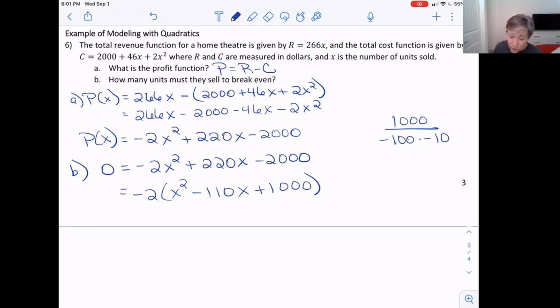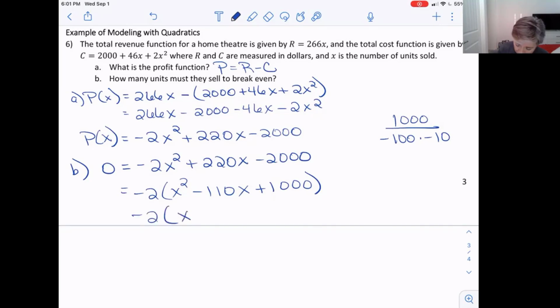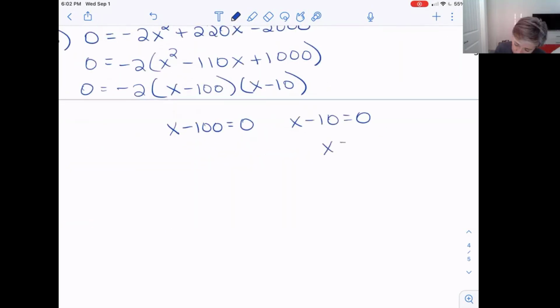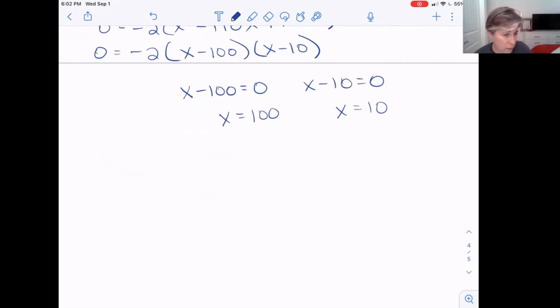And again, if we added those together, that would give us -110. So we'd get x minus 100 and x minus 10. We set both of those equal to 0. We have 2 break-even points, where we no longer make a profit or loss, at 10 and 100.